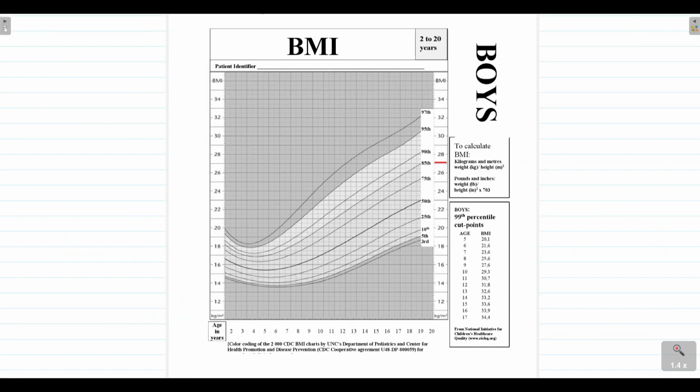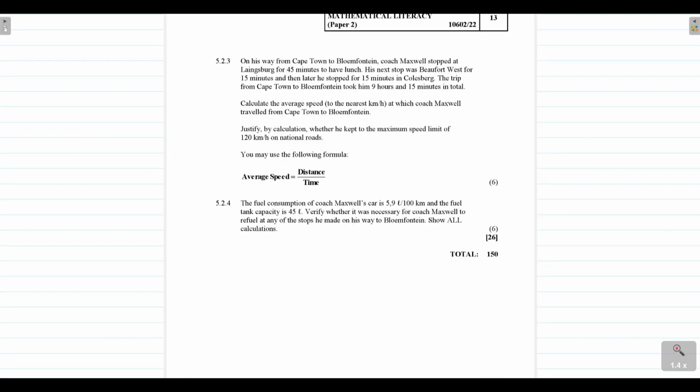Question 5.2.3. On his way from Cape Town to Bloemfontein, Coach Maxwell stopped at Laingsburg for 45 minutes to have lunch. His next stop was Beaufort West, where he stopped for 15 minutes, and then later he stopped for 15 minutes at Colesberg.